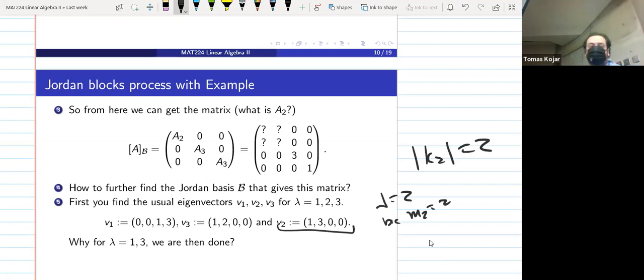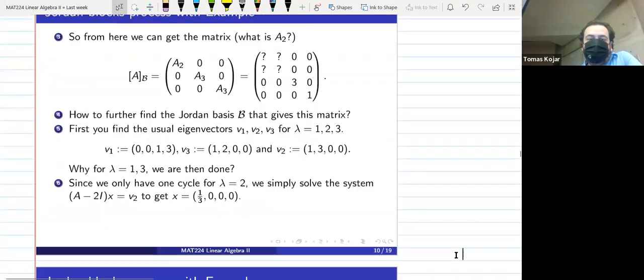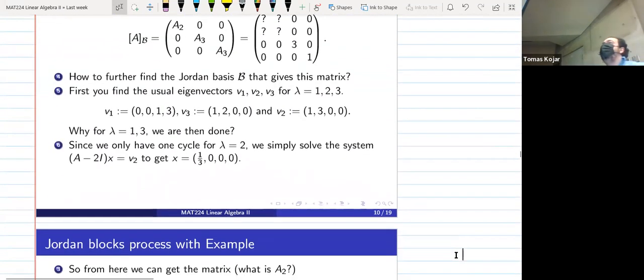I need to expand. The way you get the other vector is you solve this system. If you solve it, you get this.